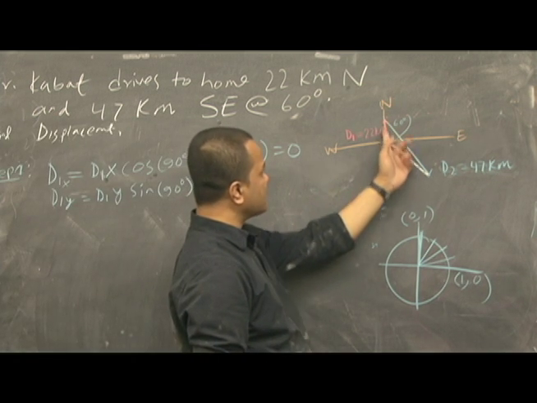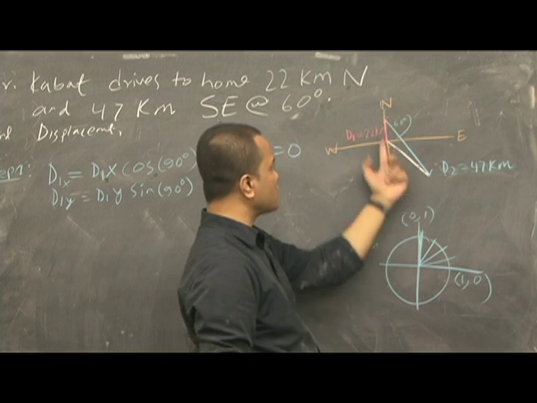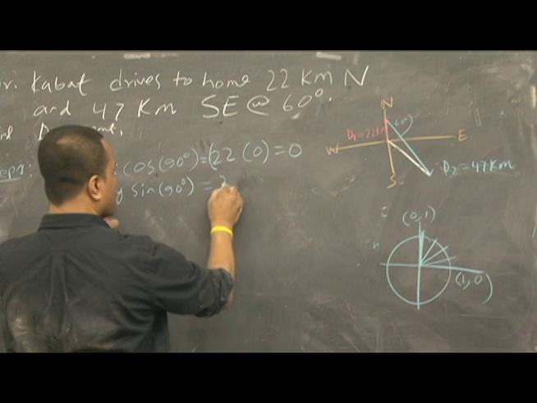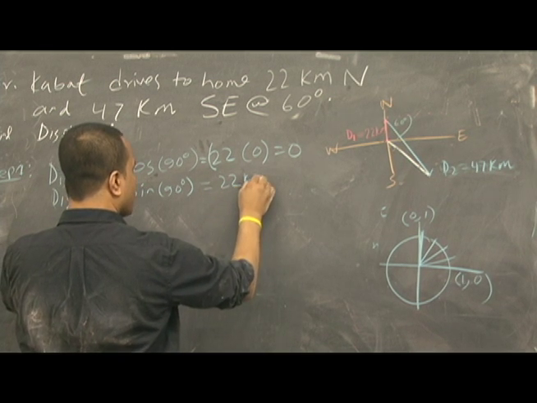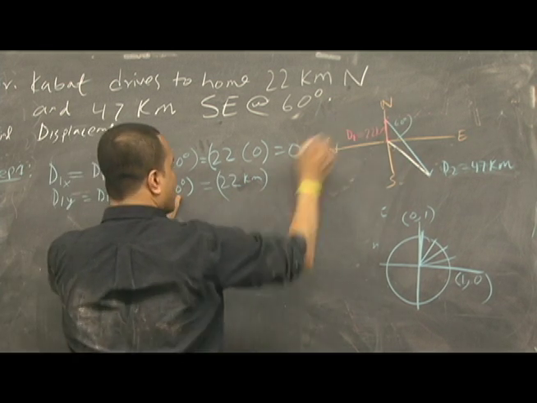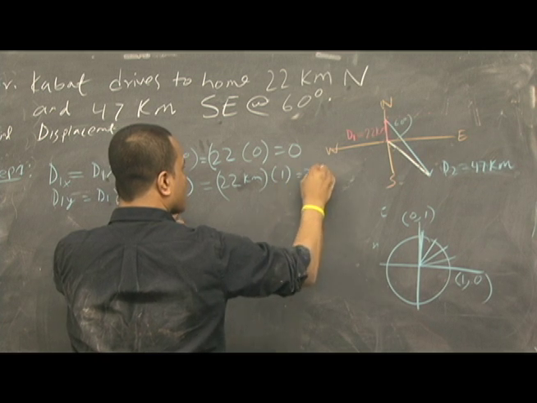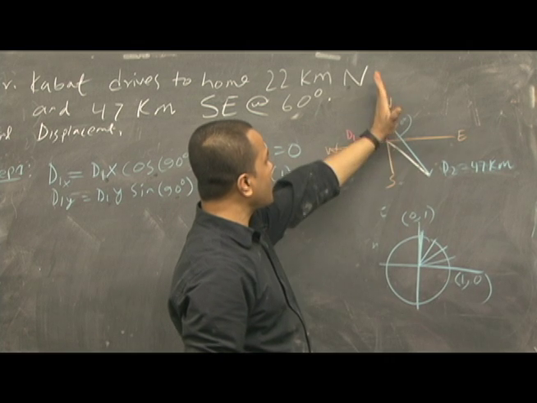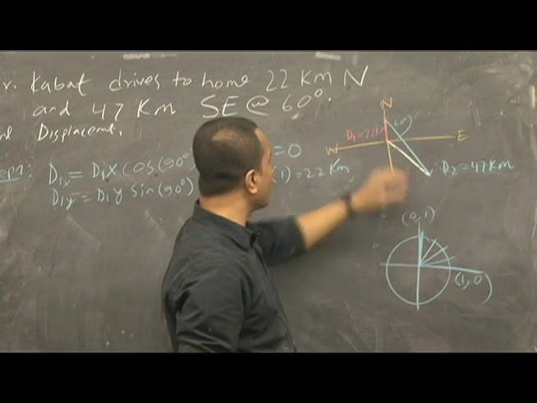There is no x component here. This is just the y component, and D1y is 22 kilometer times 1. So he was going exactly straight at 90 degrees, so that's why he had only a y component, no x component.